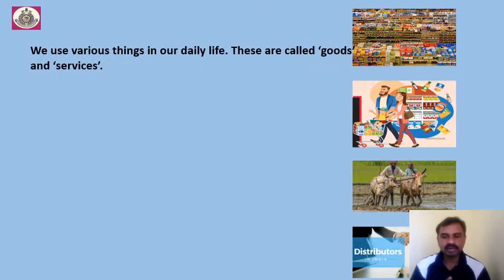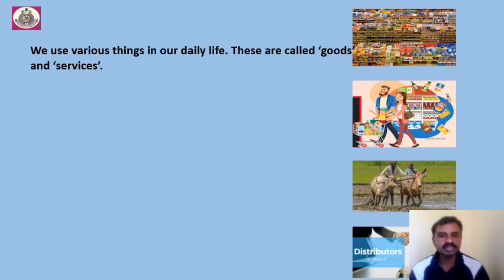Friends, we are all engaging in numerous activities. Some of these activities are considered economic activities. Usually, being human, we have a lot of wants. So, in order to satisfy our wants, we use various things in our daily life.